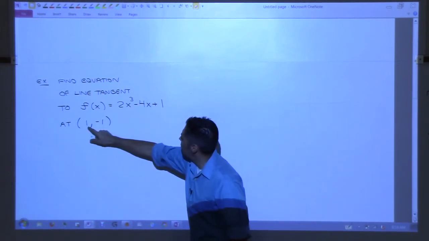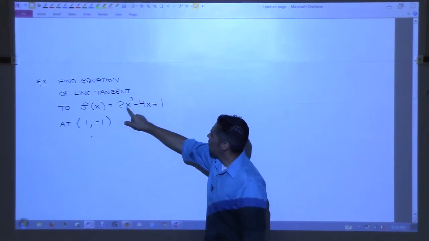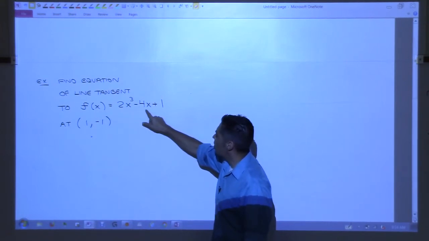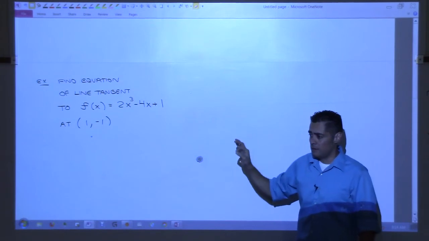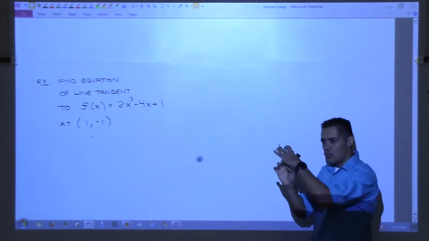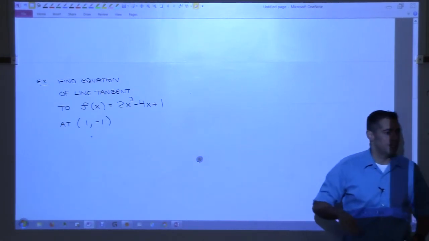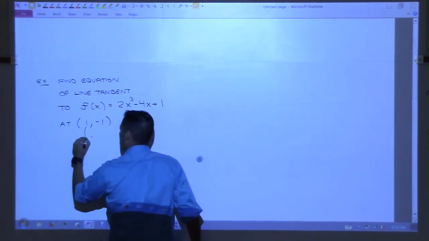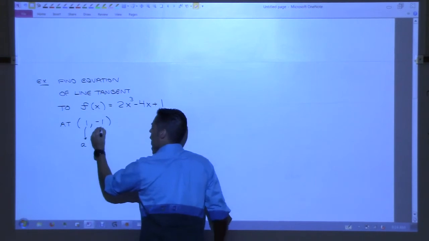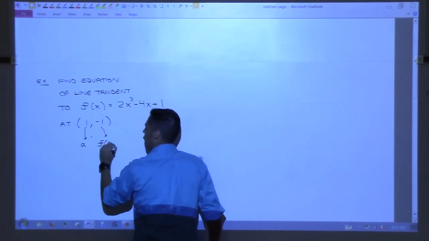Let's see. 1 goes in here. We get 2, and then minus 4. That's negative 2 plus 1. We get negative 1, right? So that point lives on that graph, and there should be some tangent line there, and we need to find the equation of it. So we know right now that this 1 is the a, and this negative 1 is f(a).